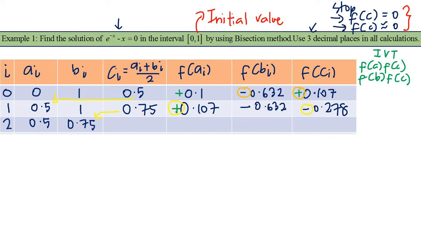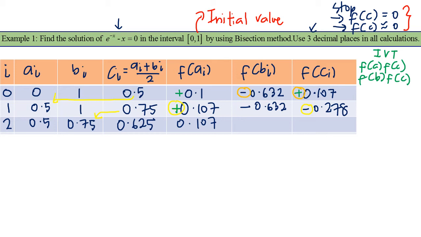So now calculate the new C. 0.5 plus 0.75, you get 0.625, and then substitute. This one is the same, 0.107, because we use the same A. B, of course, is different.